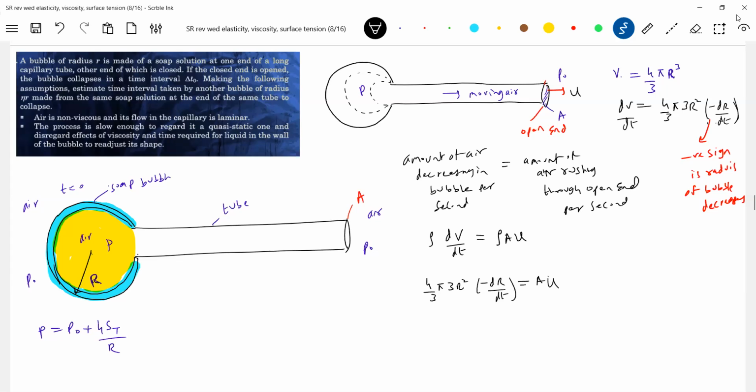Let's apply Bernoulli's theorem between these two points, inside the bubble and at the open end.